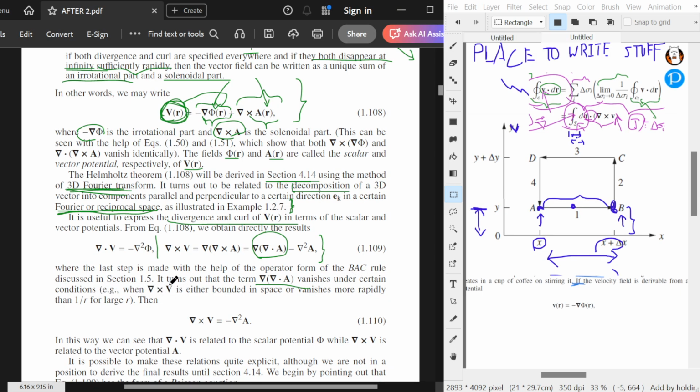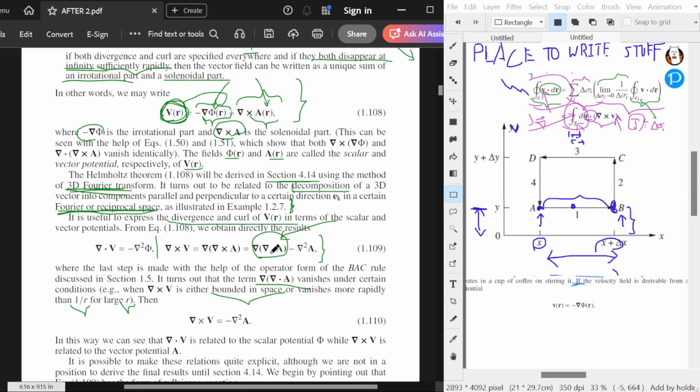For example, when the curl is either bounded in space or vanishes more rapidly than 1 over r for large R. So it's another thing where this becomes negligible really quickly, or like just not relevant at all for some reason.